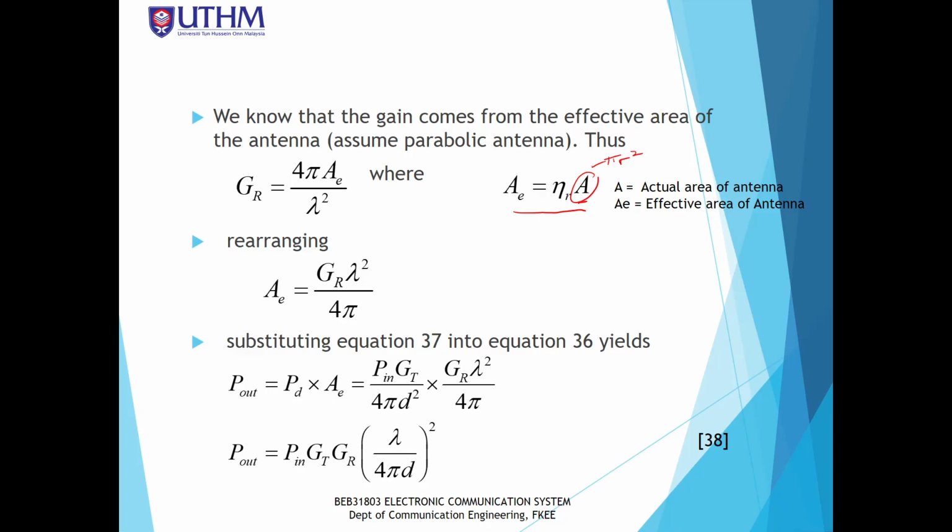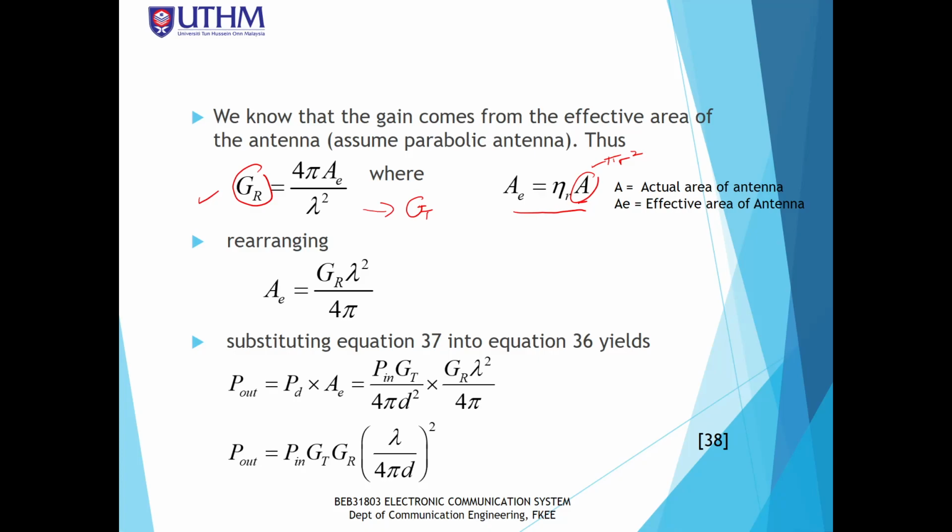From here we can also define the parameter GR. GR, the gain of the receiving antenna, is equal to 4 pi AE divided by lambda squared. So this equation can also be used to find the GT parameter.